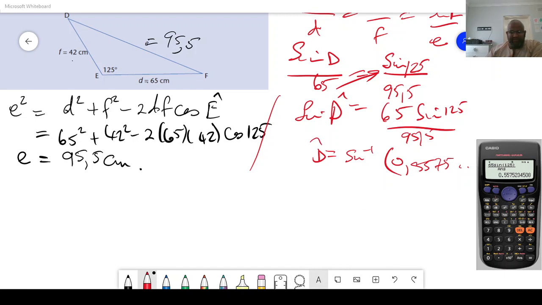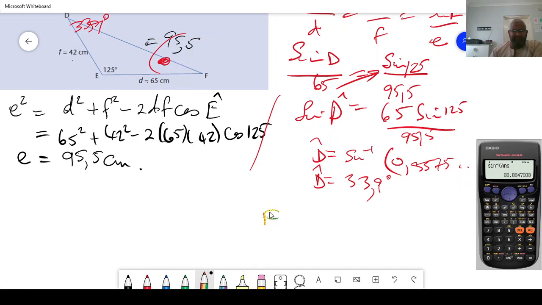So we take arc sine of that answer we've calculated, which gives us an angle D of 33.9. Remember, we now have that 33.9 angle. To calculate angle F, we use the sum of angles in a triangle.